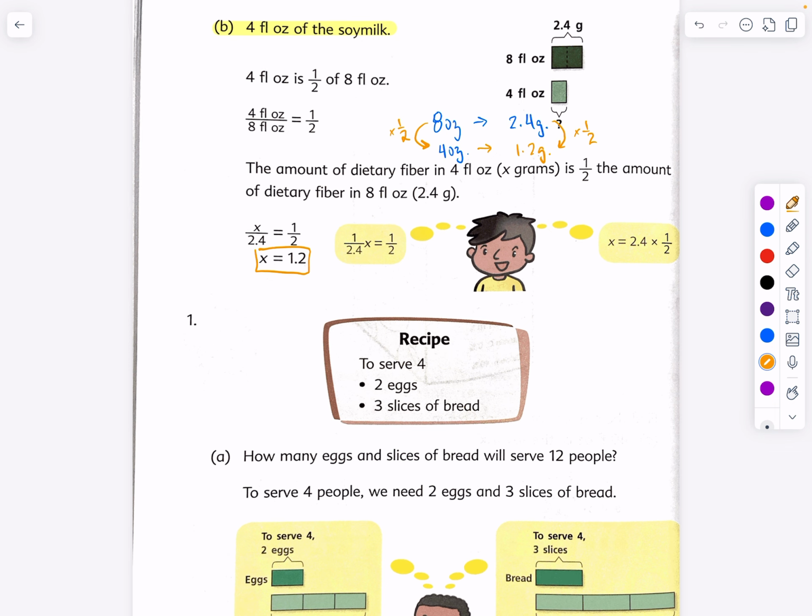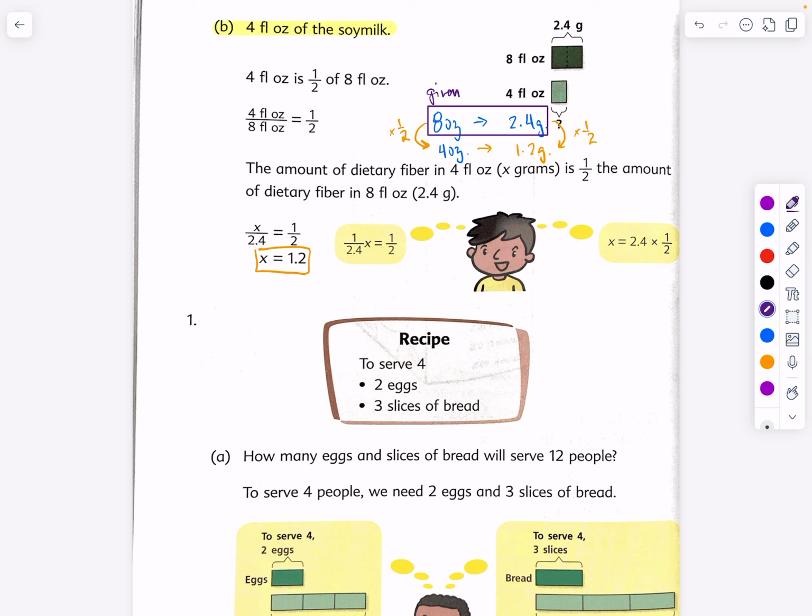I do want to show you a slightly different setup with X. Step 1, always write down what is given by the problem. 8 ounces contains 2.4 grams. Now, what needs to be found?